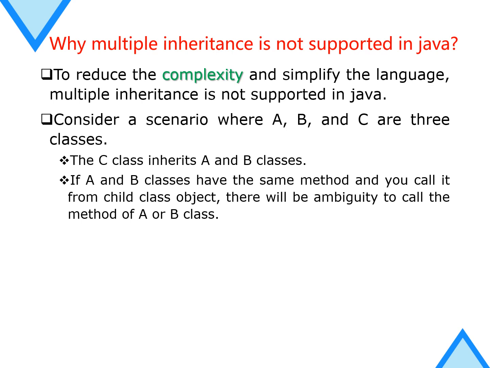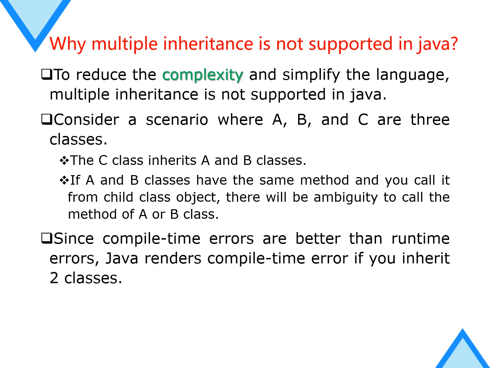If we do not have a method with the same name, there should not be any ambiguity, but still, in order to reduce the chances of a runtime error, Java does not support this type of condition. Whether we have the same method or a different method, we cannot implement multiple inheritance in Java.